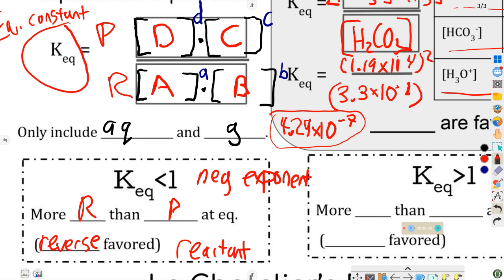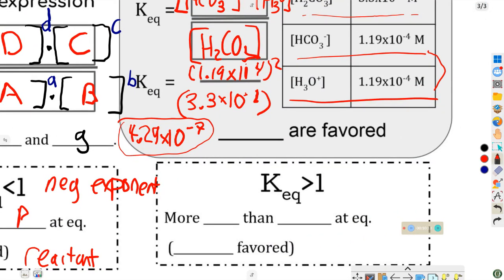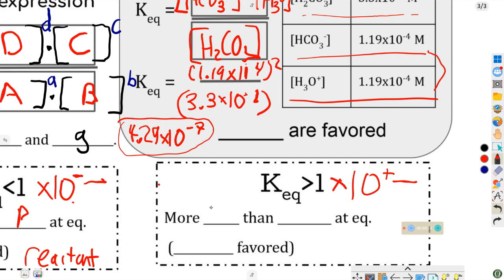If our KEQ is greater than 1, so we have 10 to a positive power, whereas over here it would be times 10 to some negative power, that means we have more products than reactants at equilibrium, so the forward reaction is favored, or products are favored.